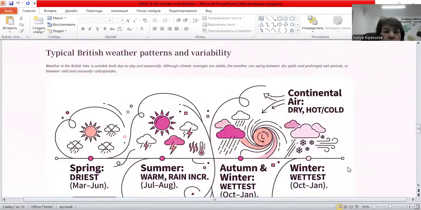And typical British weather patterns and variability. Weather in the British Isles is variable both day to day and seasonally. Climate averages are stable, yet the weather can swing between dry spells and prolonged wet periods, or between mild and unusually cold episodes.